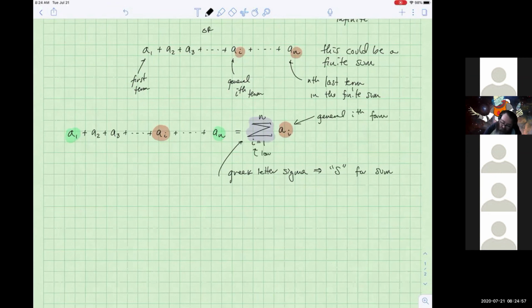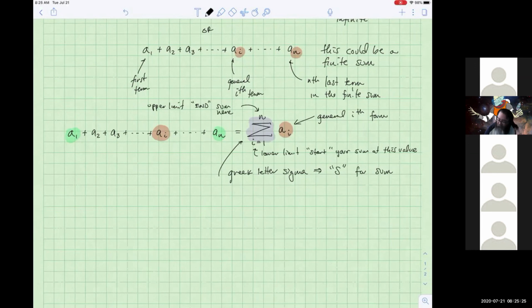This is called the lower limit. This is where you start your sum at this value. And this is known as the upper limit, where you finish or end the sum here.